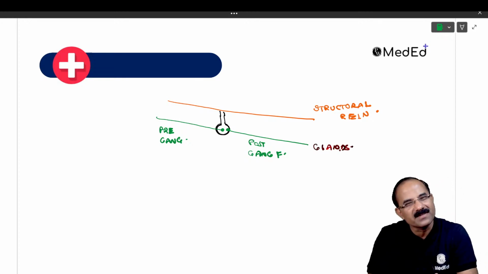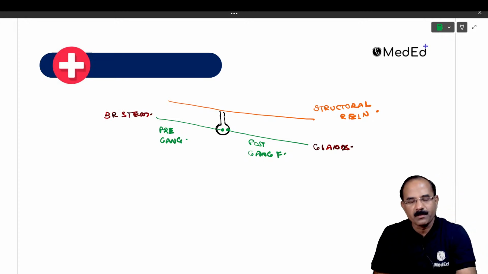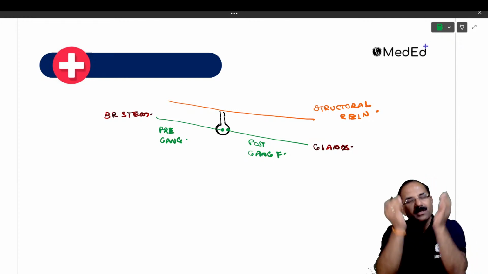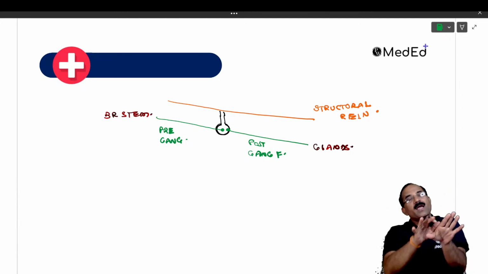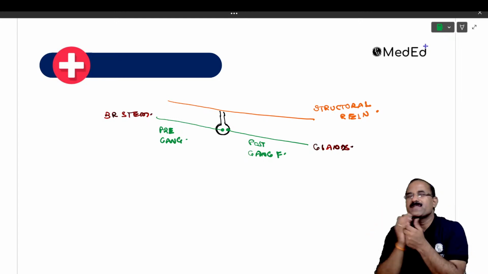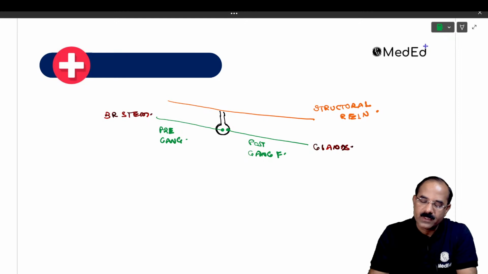And where does this pre-ganglionic fiber begin from? Brainstem. The nerve begins from the brainstem, comes to the ganglion, and relays in the ganglion, and now gives the post-ganglionic fiber, which is going to supply the gland. This is what we call the functional relation.